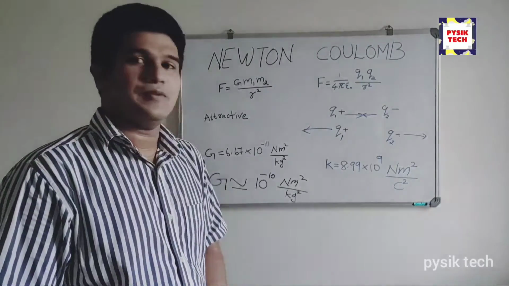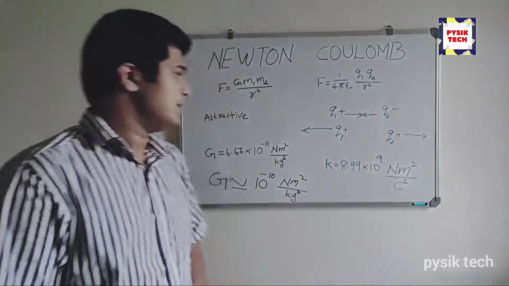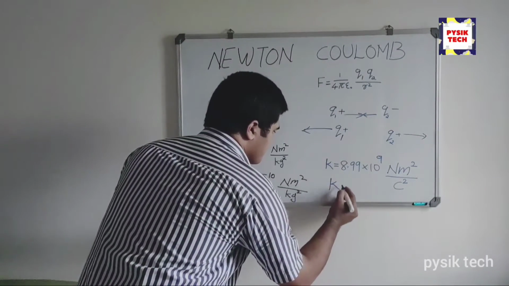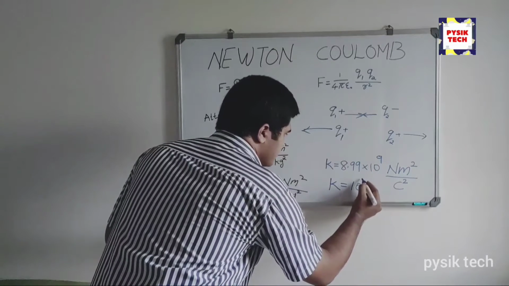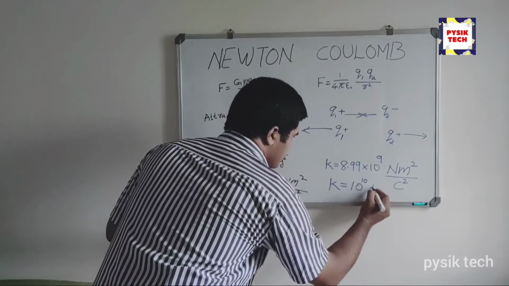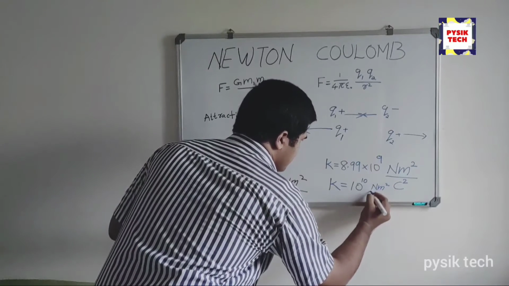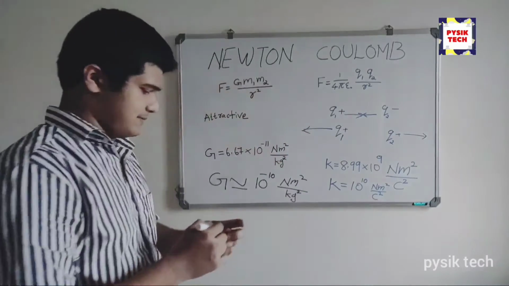In a similar way, the value of Coulomb's constant K is equal to 10 power 10 Newton meter square per Coulomb square.